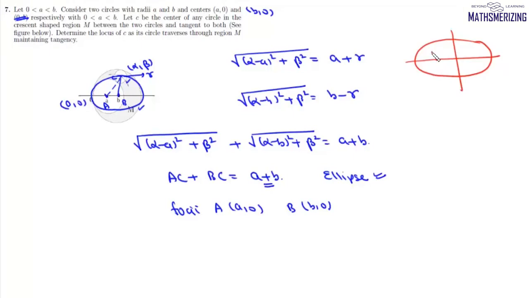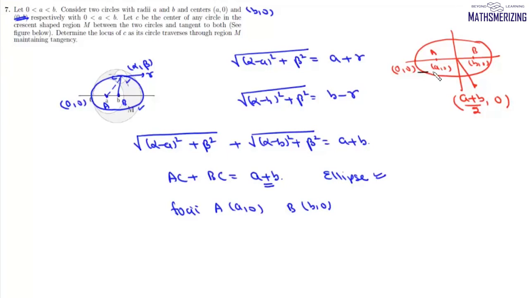This point A is (a, 0), and this point B is (b, 0), and it passes through (0, 0). Now the center of this ellipse will be at ((a+b)/2, 0).